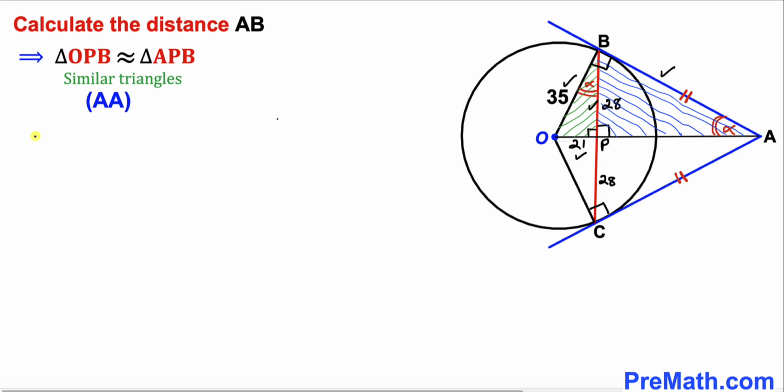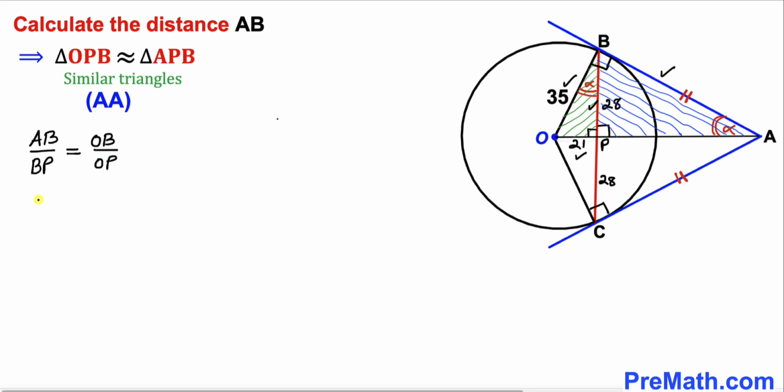So let me write down AB divided by BP. This ratio has got to be equal to this other ratio, OB divided by OP. Now we know that our BP value is 28, OB value is 35, and OP value is 21.